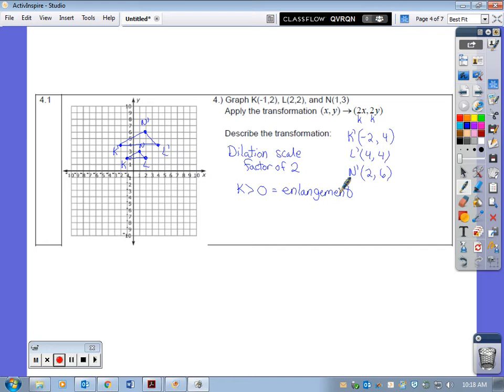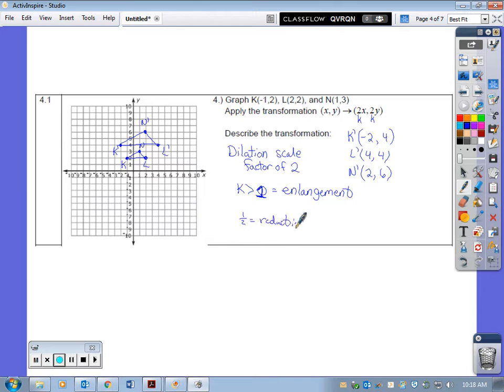Okay. So if our K is greater than 0, then it's an enlargement. And actually, it's got to be, I lied, I didn't write this down on my paper because I just remembered it. So K greater than 1 is an enlargement, because if you have a K of 1/2, a fraction, then it's going to be a reduction.